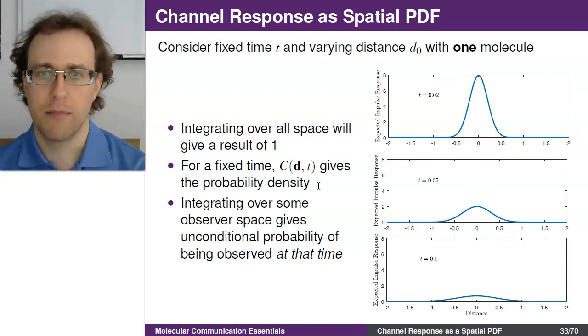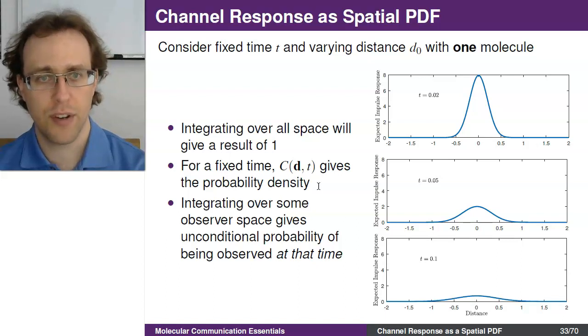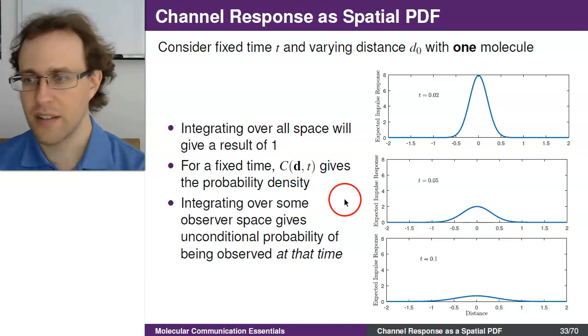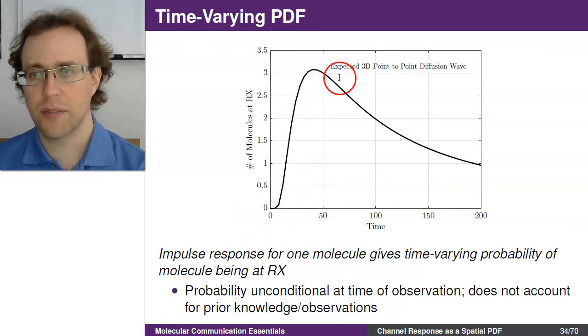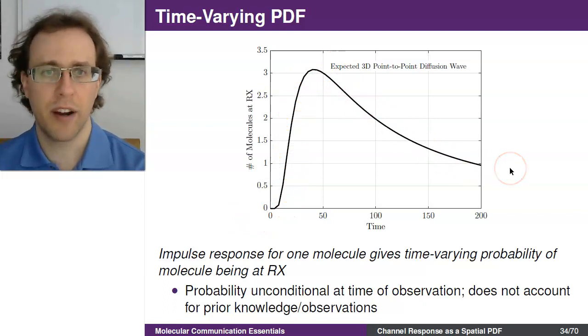So this means that our point-to-point concentration expressions integrated over the volume that we're interested in give us the probability of being observed at that time. What we get from these deterministic results is a time-varying PDF.